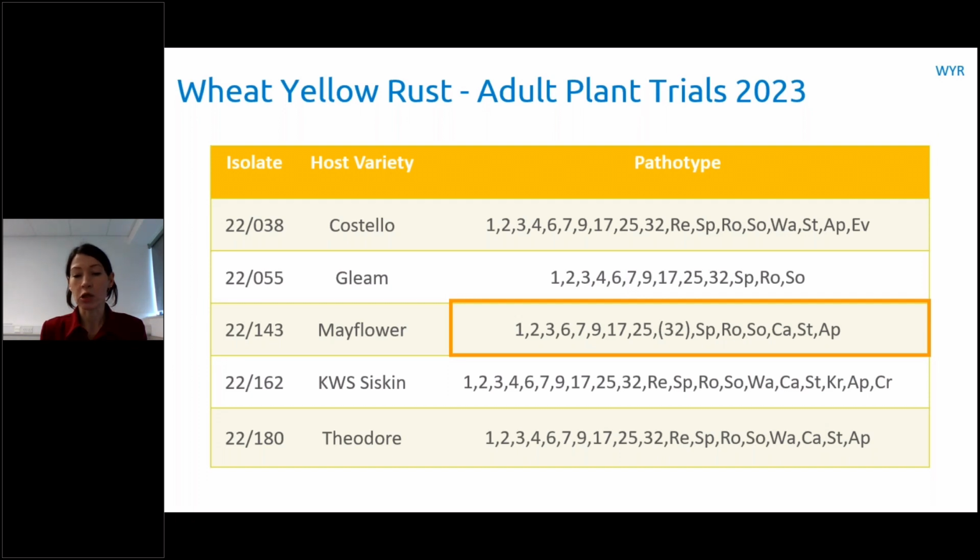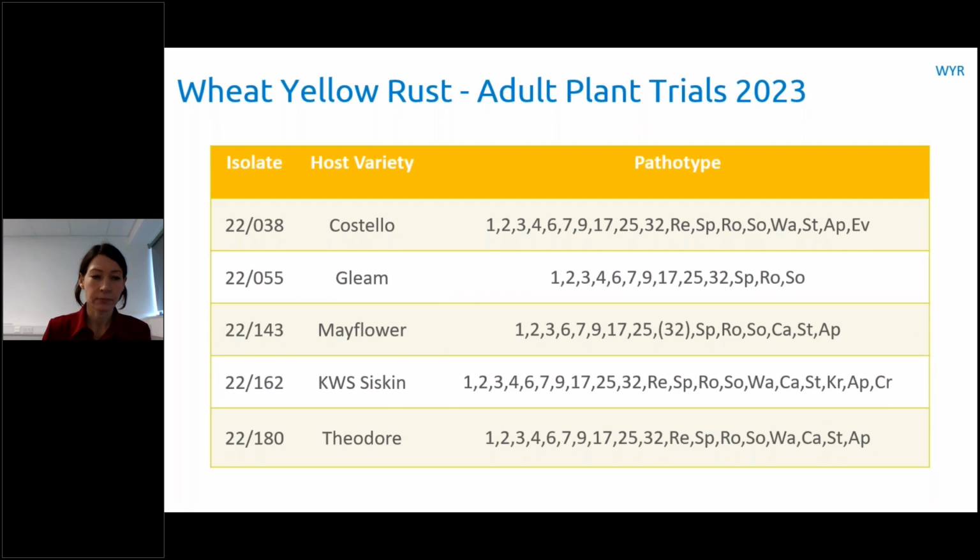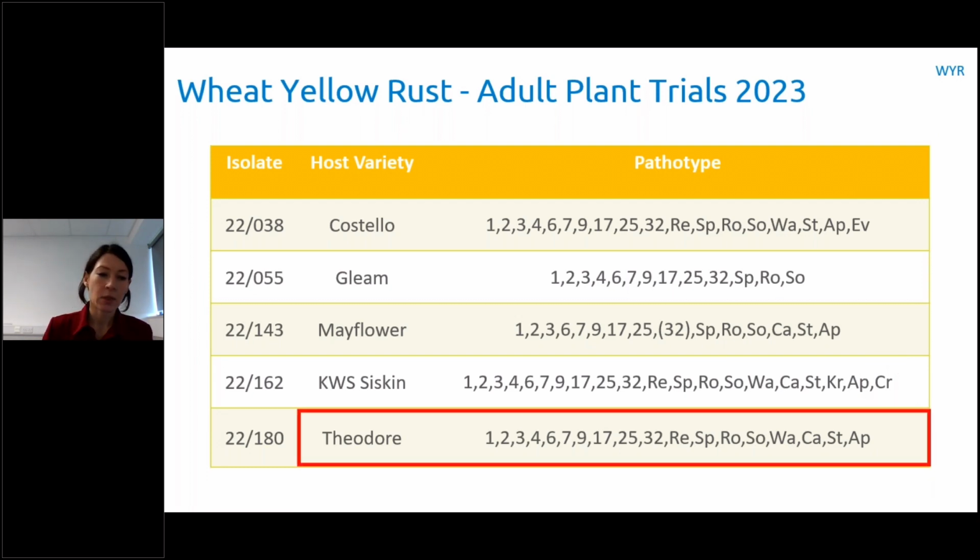That was one of our new pathotypes with the 32 in the brackets and the A virulence for YR for Rendezvous and Warrior. We selected 22162 from Cadwis Siskin. That's our pink isolate, the only one that we identified in 2022, and that particular isolate had virulence for Crusoe. And we selected 22180 from Theodore, and that one was selected because it was the most common pathotype in 2022.